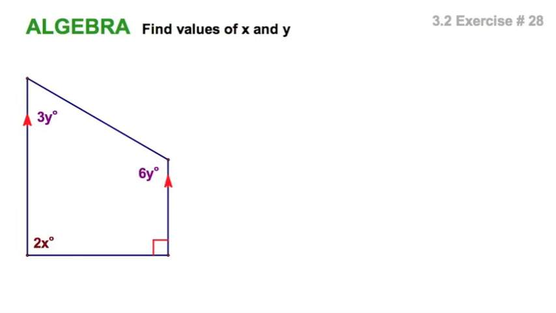Well, let's do some algebra. I've got a diagram here where I've got this segment parallel to this one. Well, that makes this a transversal, with these two being consecutive interior angles, and the same for the two angles down here: transversal, and this one and the right angle are consecutive interior angles.